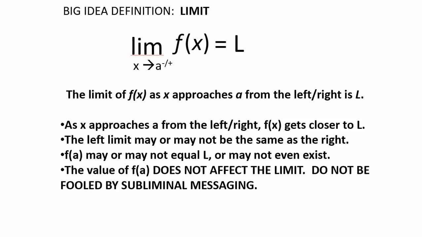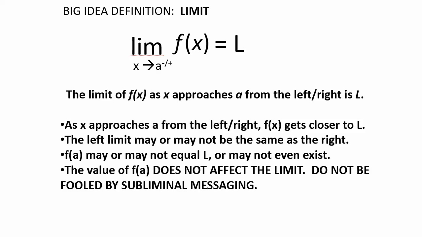As we look at our definition of limit, a couple key things to remember is that we're approaching A, and we can approach it from either side, the left or the right. As we do that, it gets closer and closer to our limit, our value L. Now, our left and right limits may not be the same, and we'll look at that more in upcoming assignments.